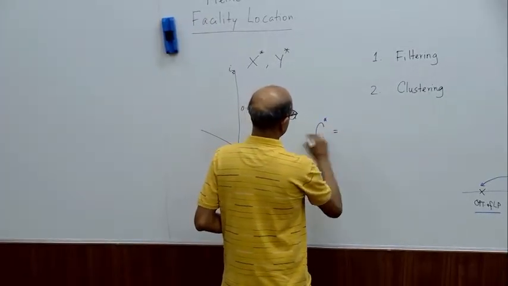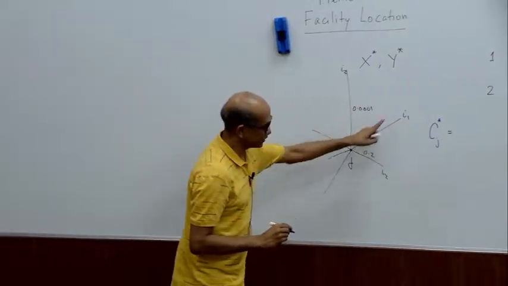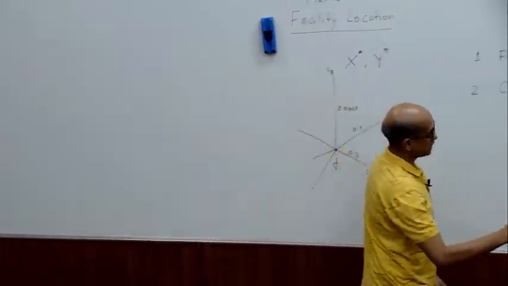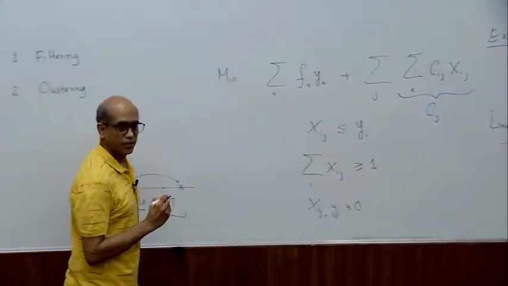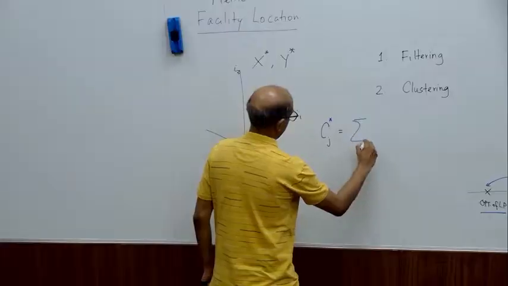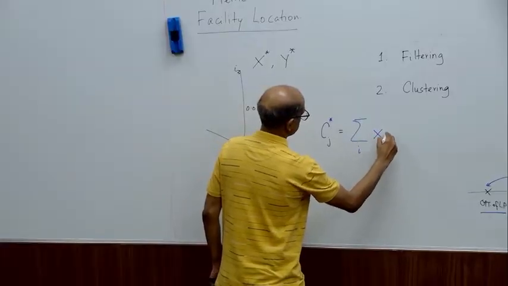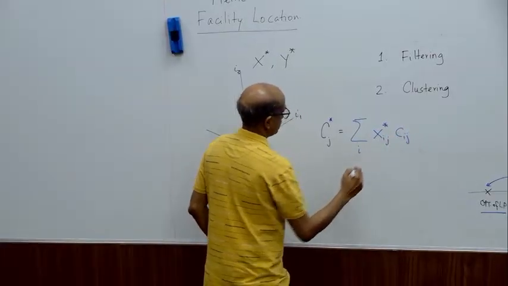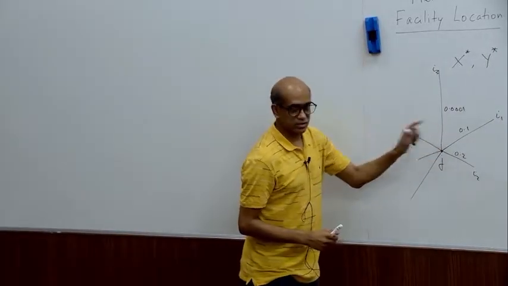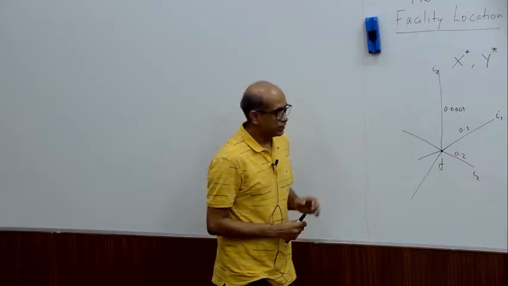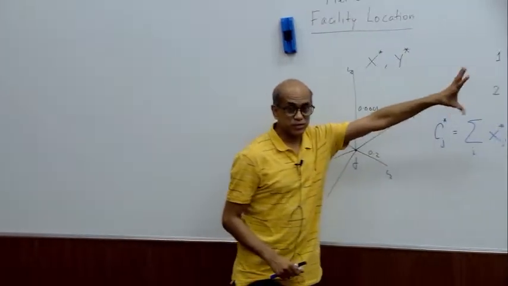Fractional cost of j, if you think about it, is the weighted distances here, right? So it is exactly this quantity. This I'm calling Cj. So this is the sum over all i of x_ij star times C_ij. It's saying this fraction times this distance plus this fraction times this distance, and so on. Okay, so this is what the linear program is paying.